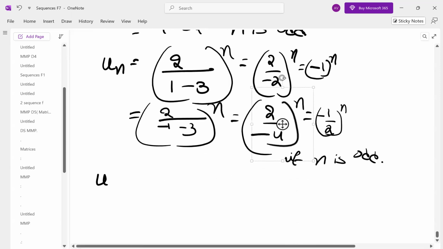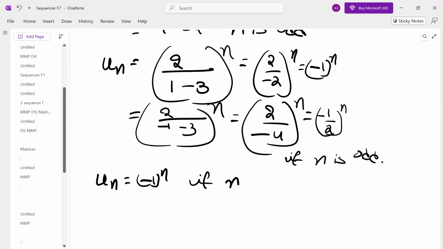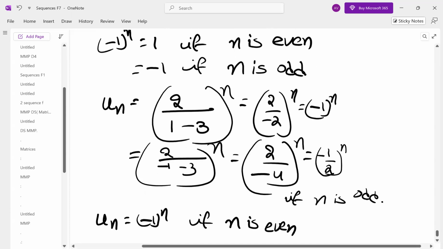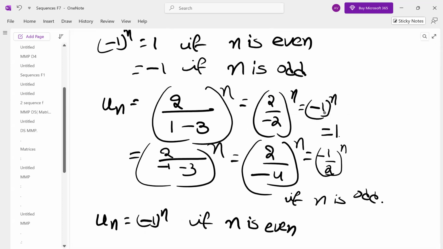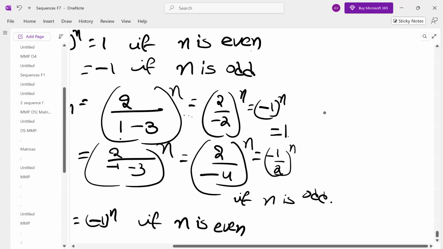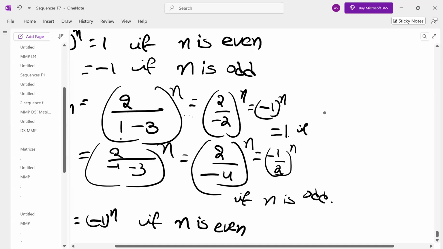So, un: if n is even, what is minus 1 power n? It is nothing but 1 itself because n is even. This is case 1, if n is even.